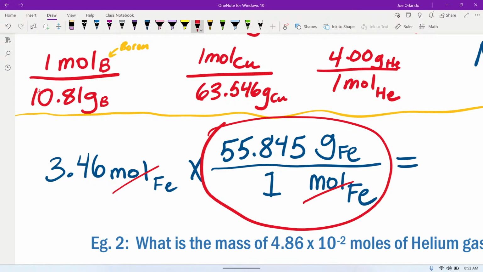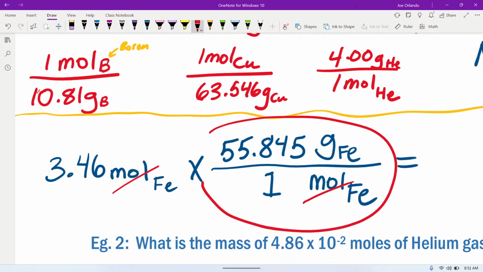The math of it is that those are 2 different numbers. But in practice, if you went and got 55.845 grams of iron, and you went and got 1 mole of iron, you've gotten the same thing. So you're dividing something by itself, all of which is to say, anytime you set up one of these fractions, the top and the bottom should be different numbers and different units that mean the exact same thing.